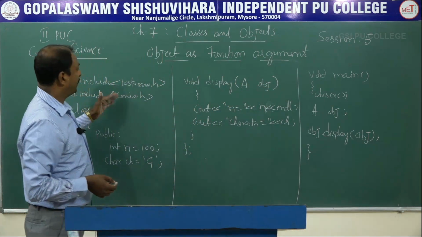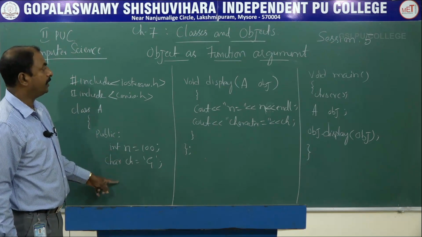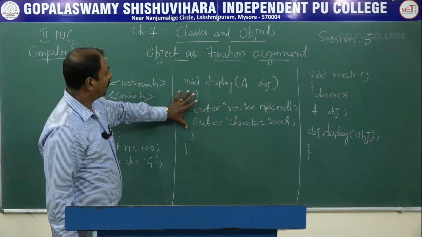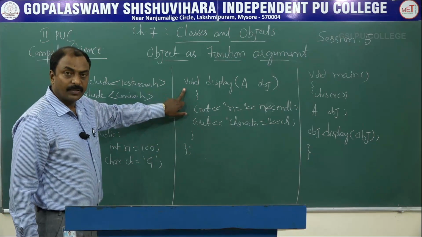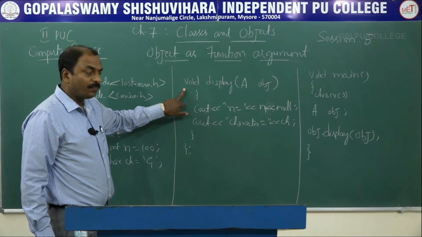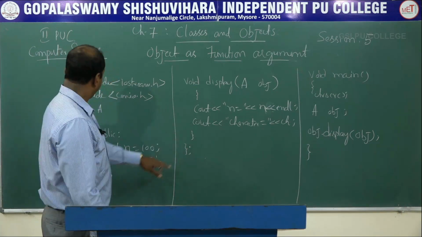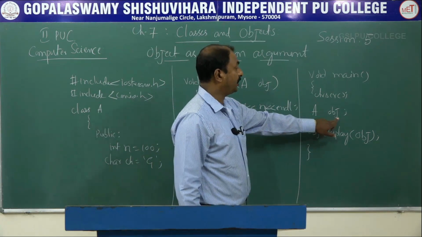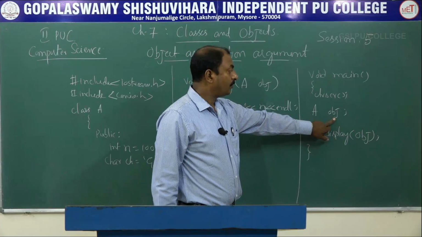Here, as usual, we define the class. Under public I am declaring these two variables and a function, and if you observe, this function definition is written inside the class. So this is also an example of a function definition inside a class, which you already learned in my previous session. After this, in the main function, the first step is creation of an object, and then we call the functions with the help of the object.